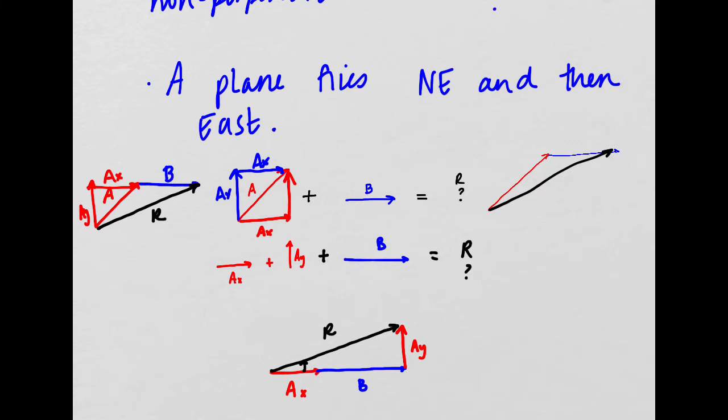Well, in this case, it doesn't actually matter, because you see here we have this AX pointing to the east, and we have this AX pointing to the east. Here we have the AY pointing north, and here we have the AY pointing north. So as long as you read what the text is telling you, which direction it's going.